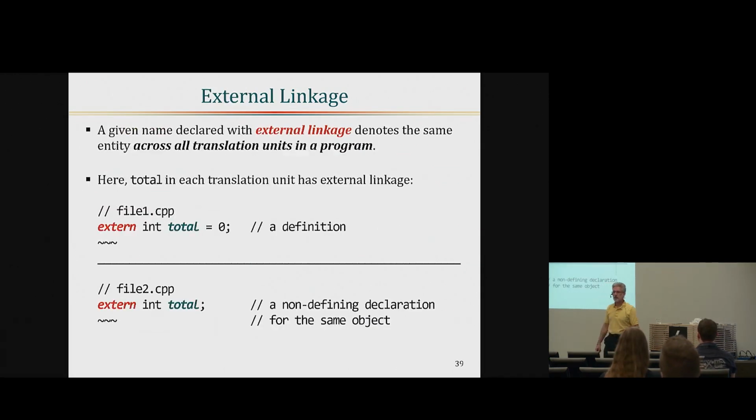Okay, so external linkage is when you can have a name declared in two completely separate translation units. The same name, but at link time, those two names become one. So external is the way you cross from one translation unit boundary to another.